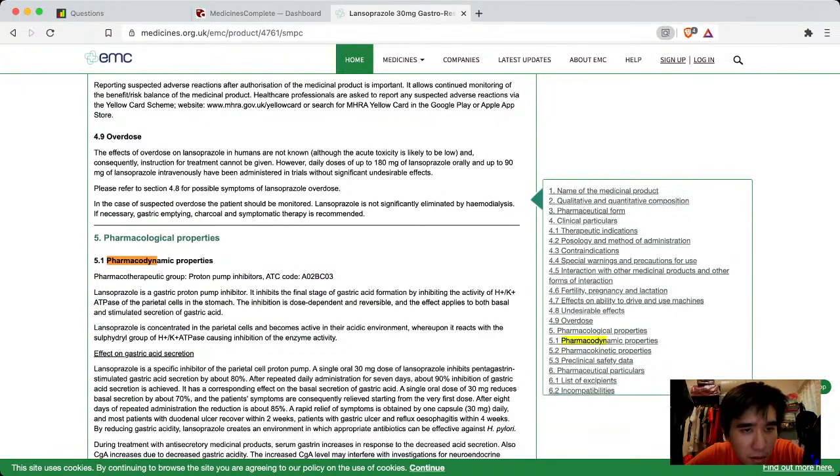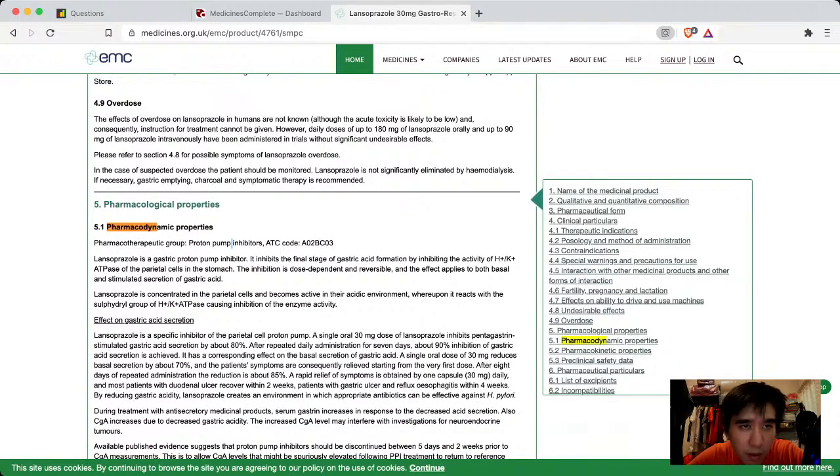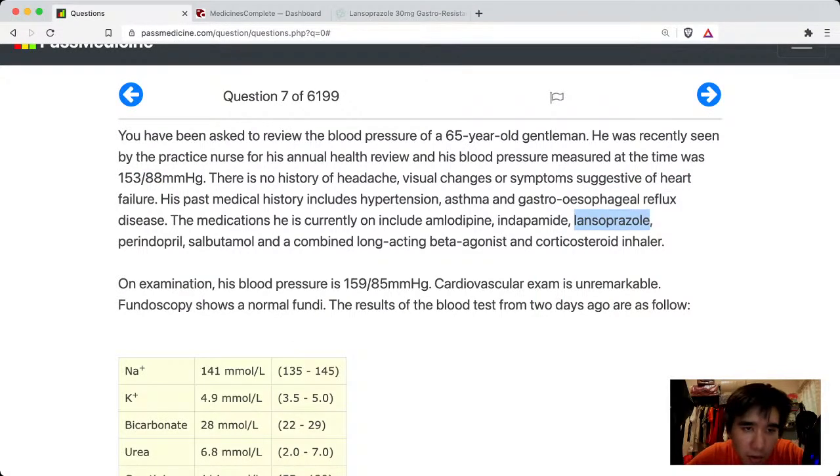Perindopril is an ACE inhibitor, so he's already on 3 high blood pressure medications.